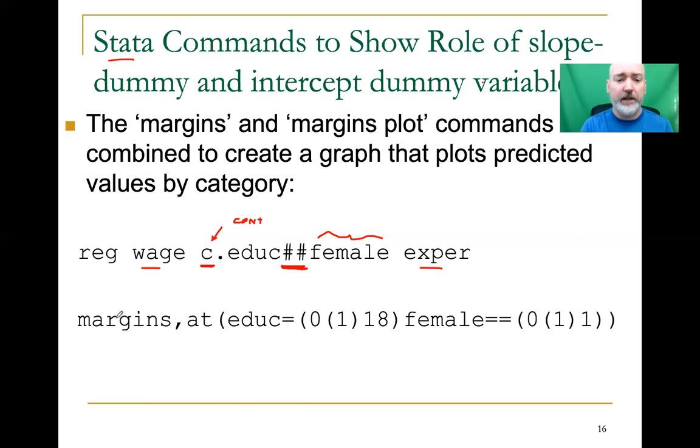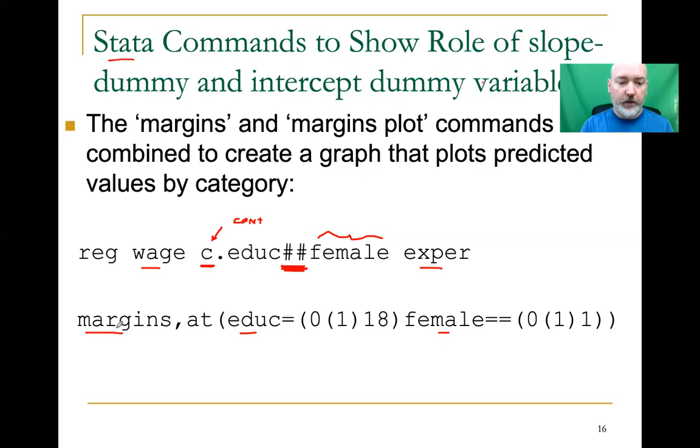Then the really cool thing is after running a regression using that interaction operator, Stata knows that we're going to be looking at a change in the marginal effect due to this interaction, so we can create exactly what we want: the slope of that line at different levels of education and the dummy variable female.